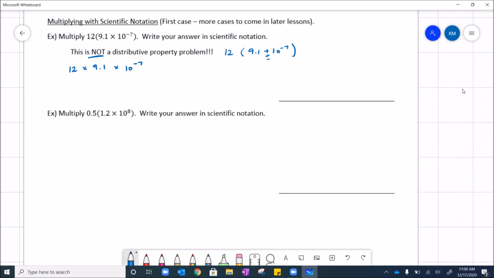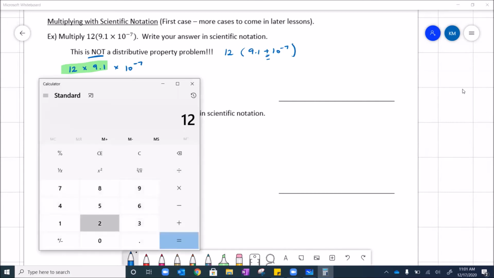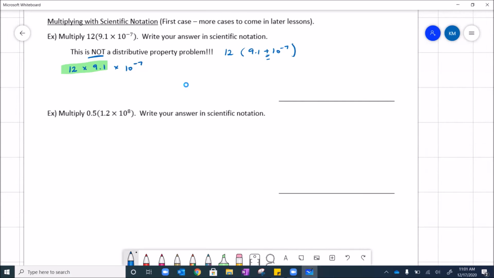With that said, it's best for us to organize ourselves in a way so that we can deal with numbers in the way that we're familiar with. So I would recommend that we start and say, let's do 12 times 9.1, since we've done problems like that a lot in our life. 12 times 9.1 gives us 109.2. So that's 109.2 times 10 to the negative 7.